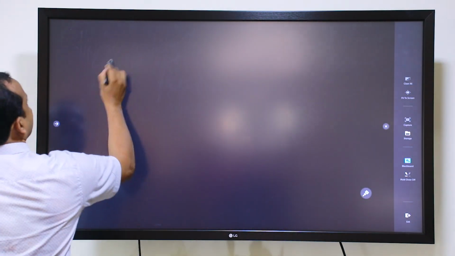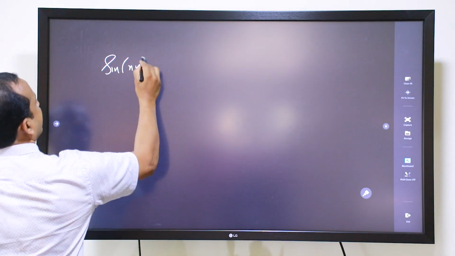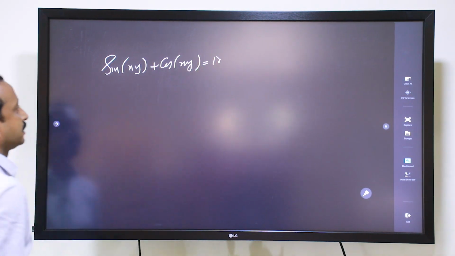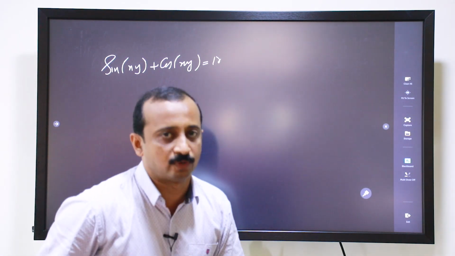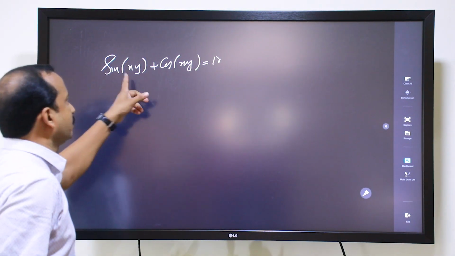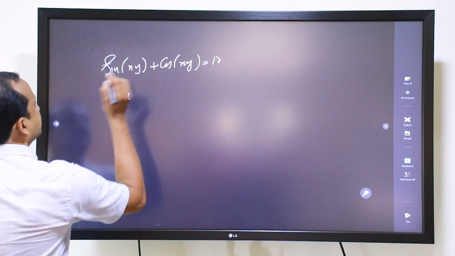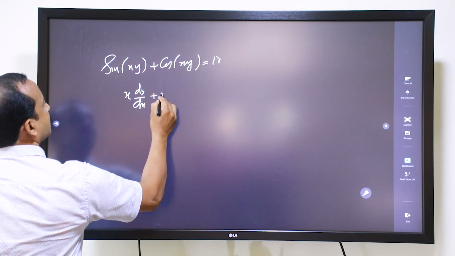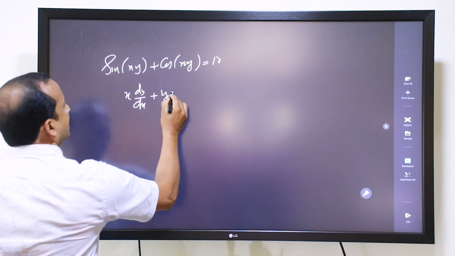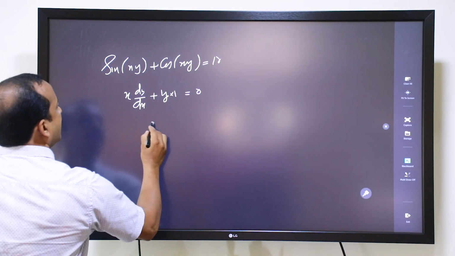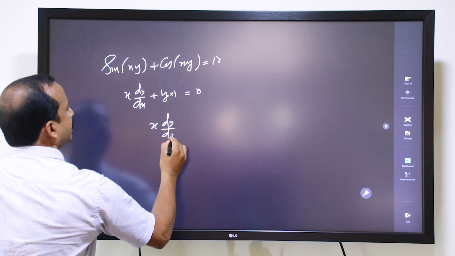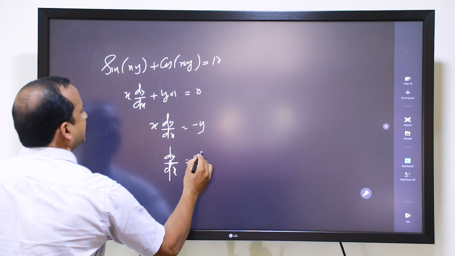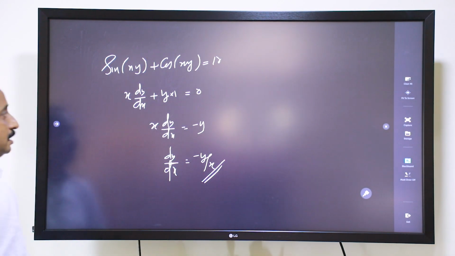Okay. Similarly, suppose sine of x into y plus cos of x into y is equal to 10. In that case also the common angle becomes x into y. Here I use only the derivative of the common angle, that is x into derivative of y, dy by dx, plus y into derivative of x, which is 1, into 1 is equal to 0, and therefore x into dy by dx is equal to minus y, so dy by dx gives the answer minus y divided by x.